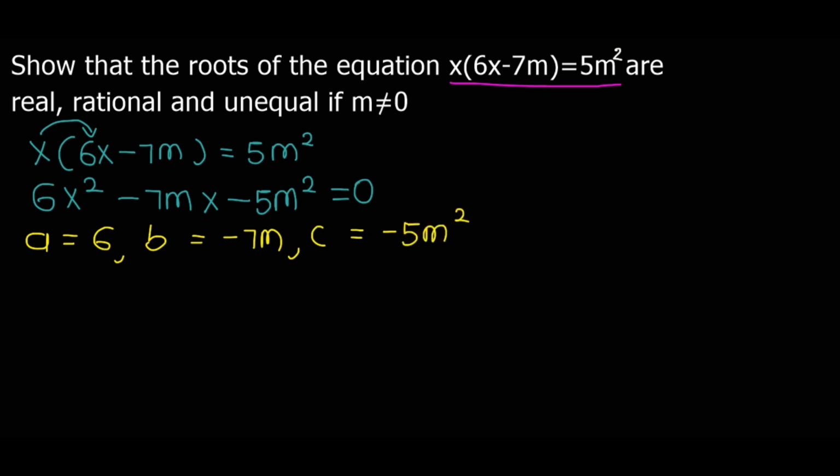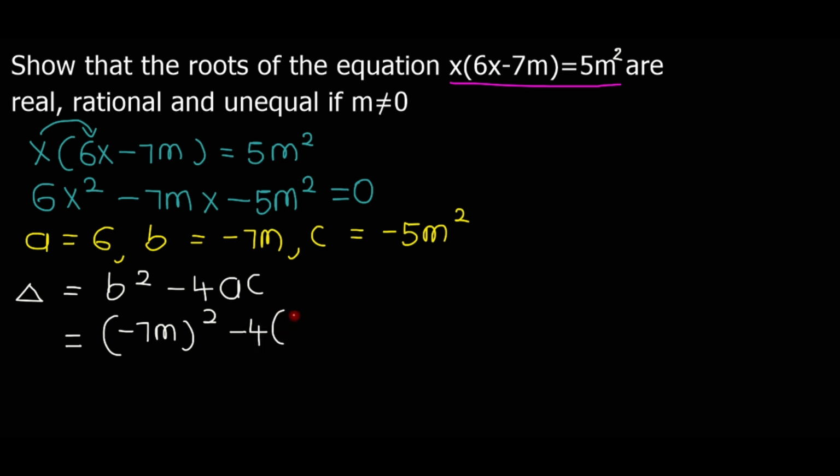Then now let's use the discriminant. That's our delta equal to b squared minus 4ac. So our b is minus 7m, and then minus 4, and then a is 6, and c is minus 5m squared.